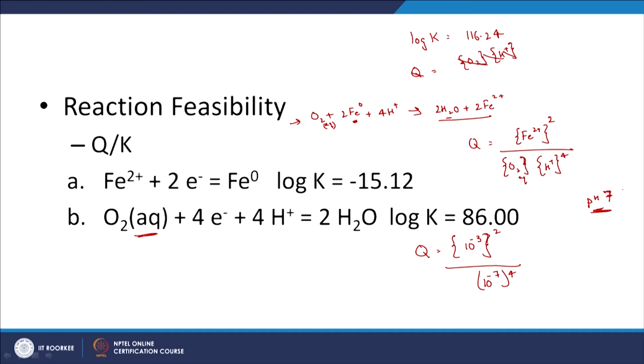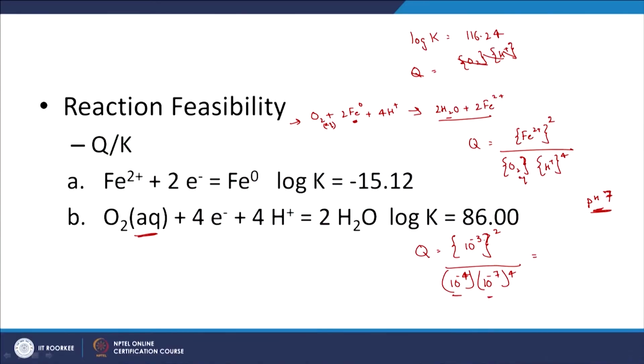And let's say it is 10 to the power of minus 4 concentration of oxygen. I am taking relatively low concentrations of Fe2+ and oxygen, which is what you would expect in natural water, and I am assuming the pH is still neutral, at 7.